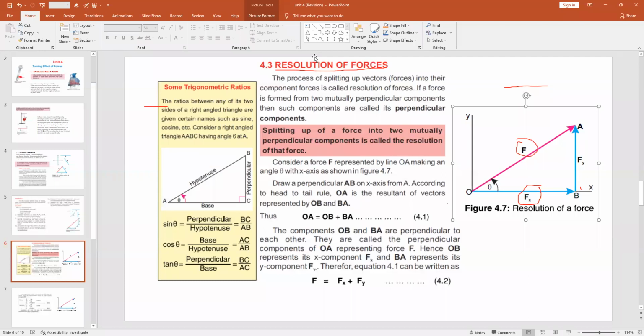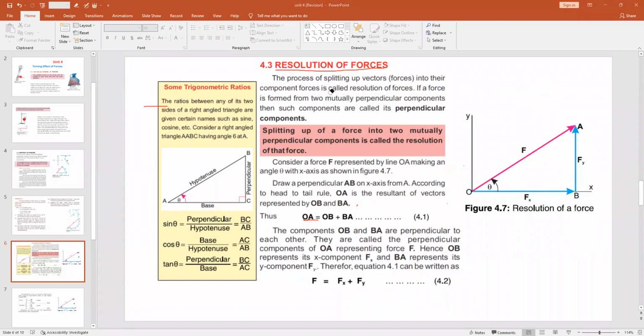We can write OA, which equals F, is equal to OB, which is Fx, and BA, which is Fy. So Fx and Fy are the perpendicular components of the force. One component lies along the x-axis and the other lies along the y-axis.